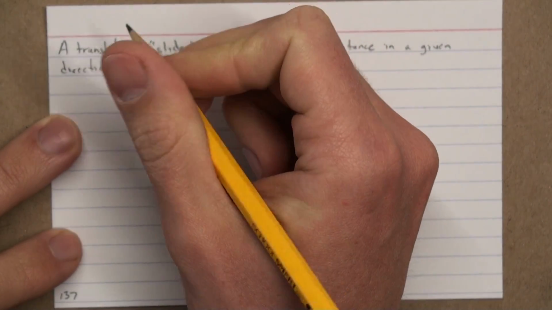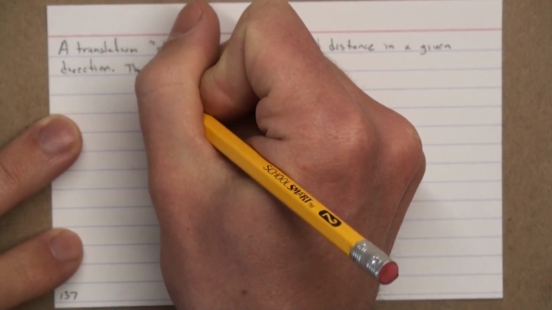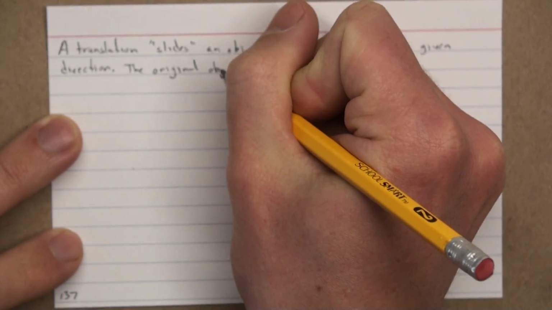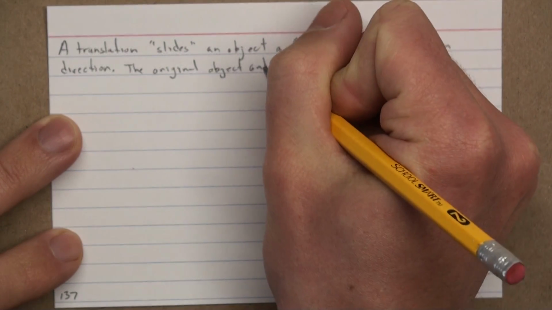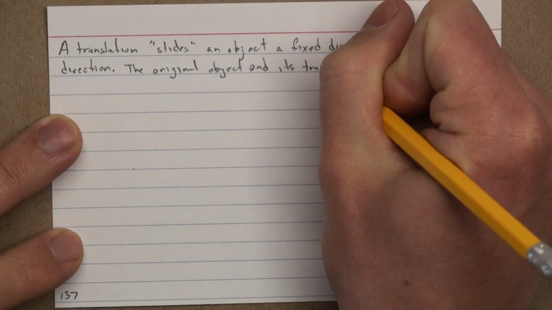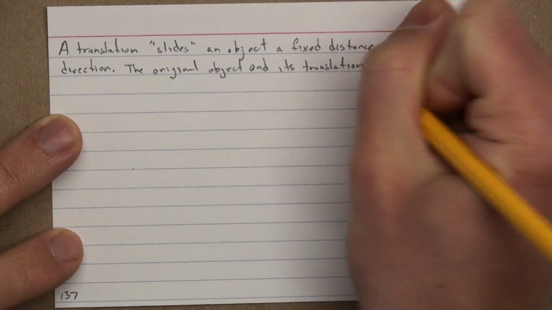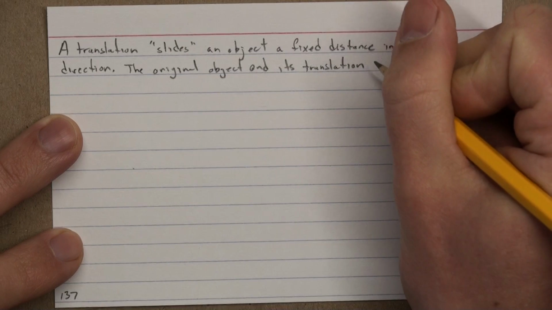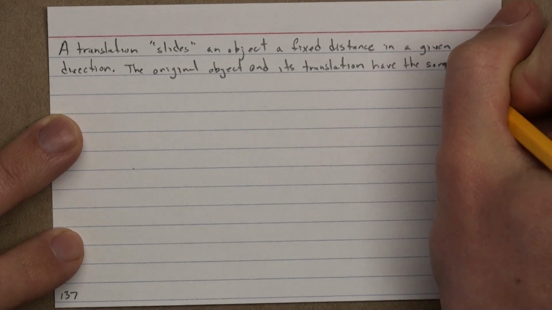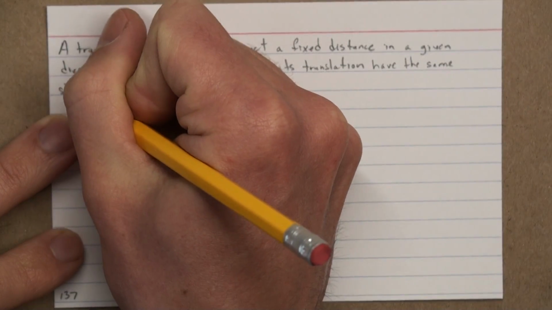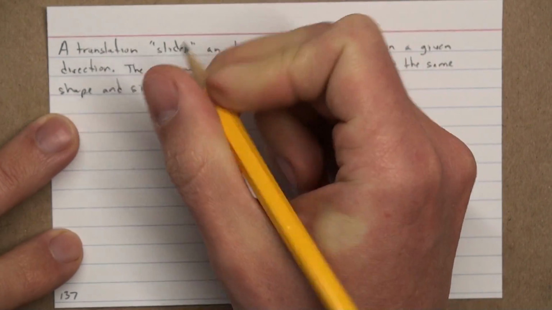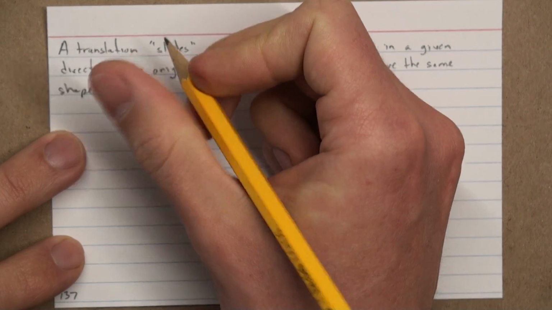The original object and its translation have the same shape and size, and they face in the same direction.